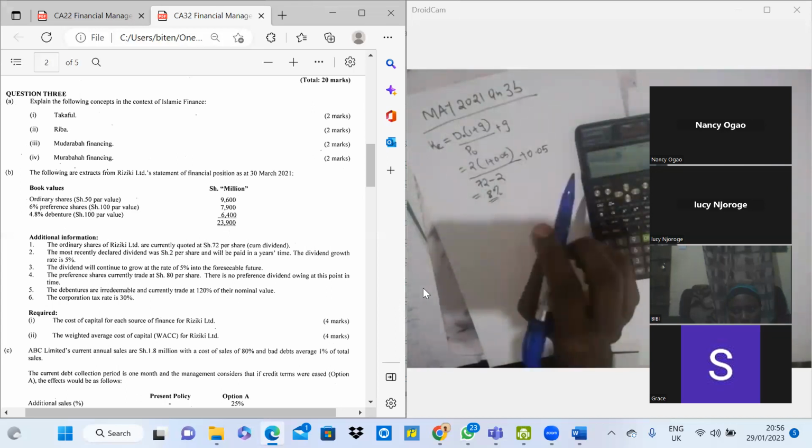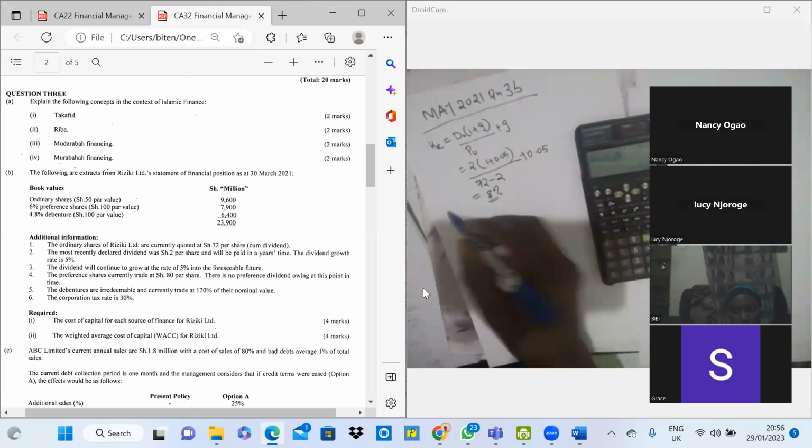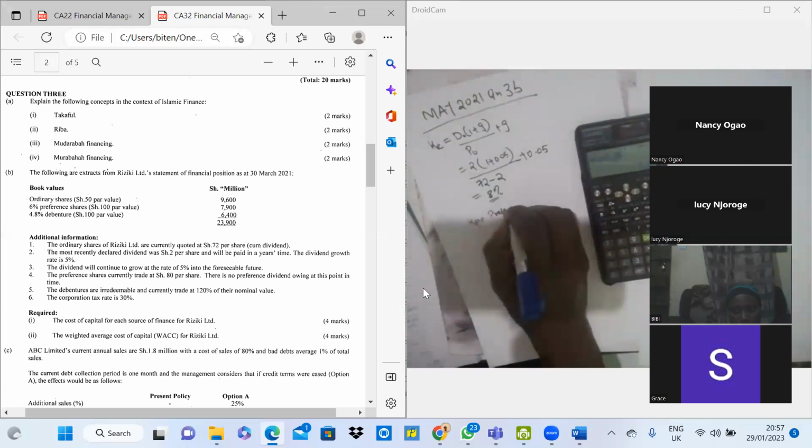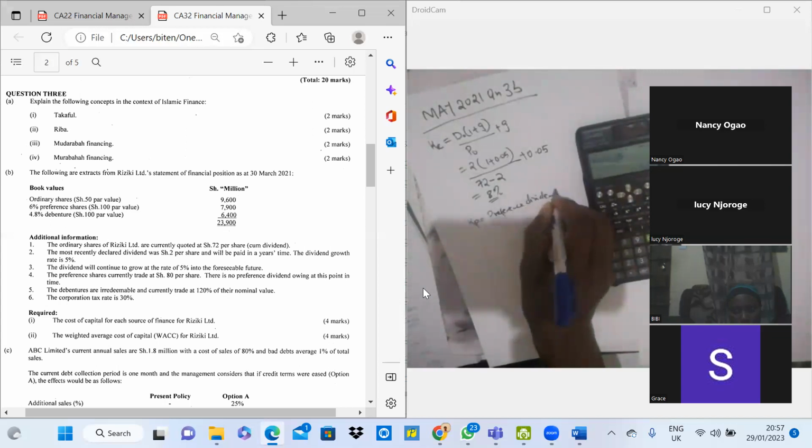Number 3, the dividend will continue to grow. Okay. Number 4, the preference shares currently trade. So cost of preference shares. The formula of preference shares is the preference dividend, you divide by the market price.